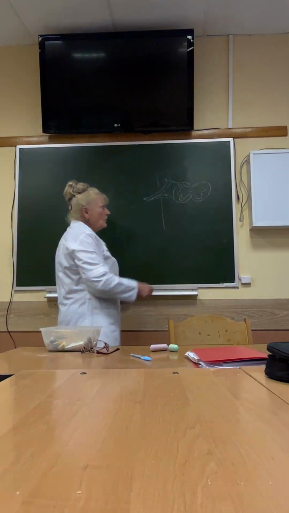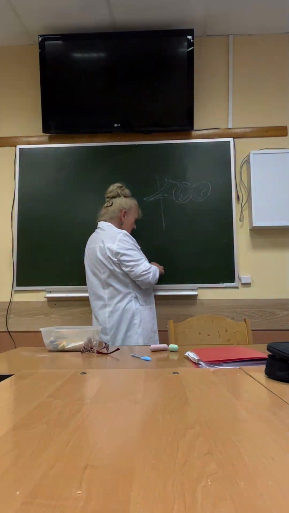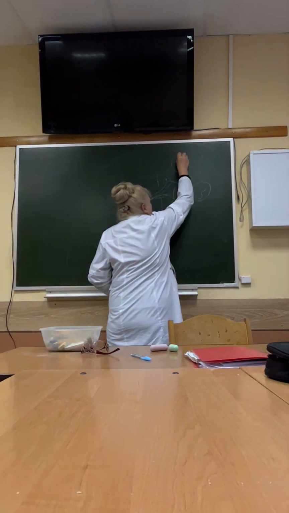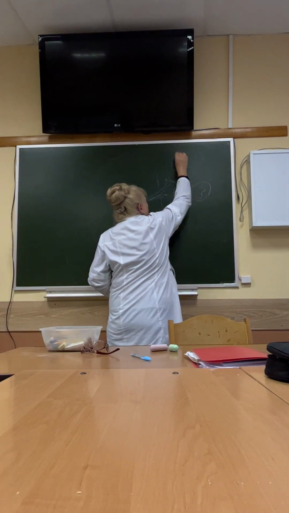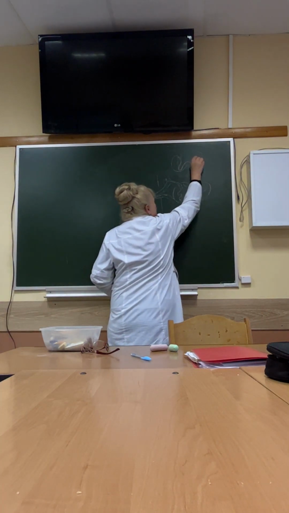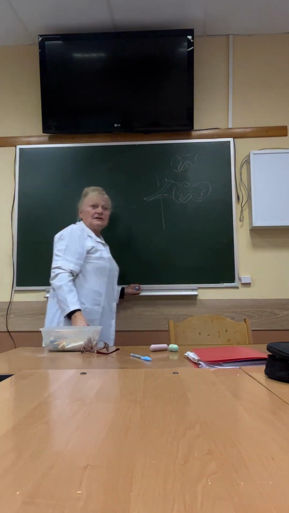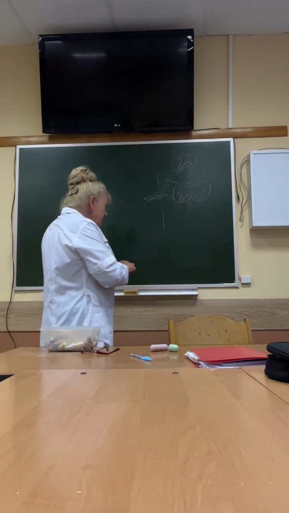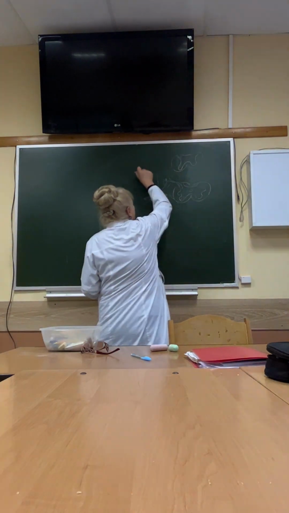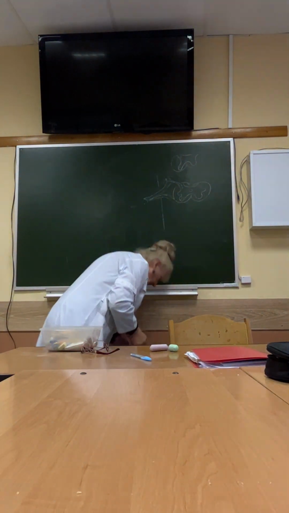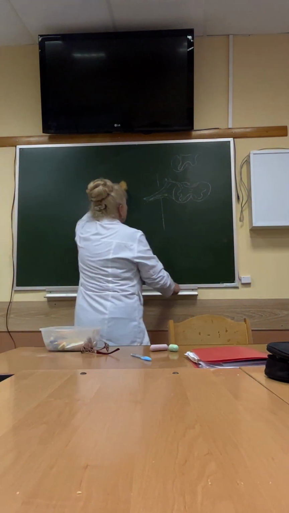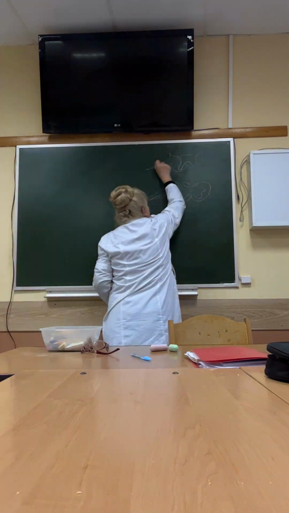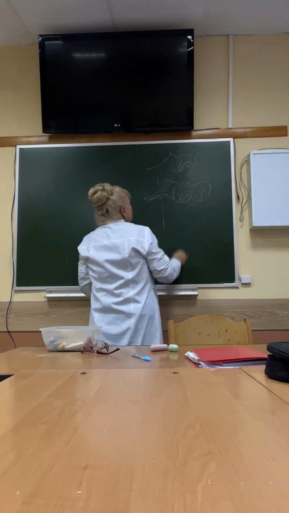But this is a thoracic segment. Any cervical segment, except the eighth, doesn't have lateral horns, vegetative fibers. Here we have the afferent portion, and this is the motor portion.